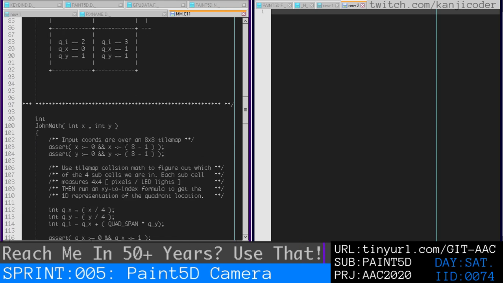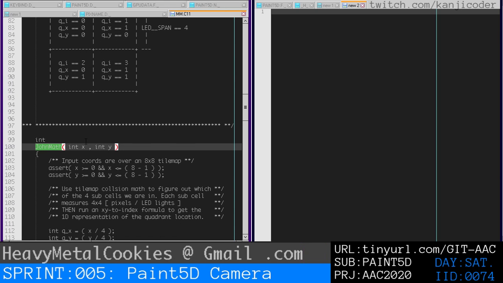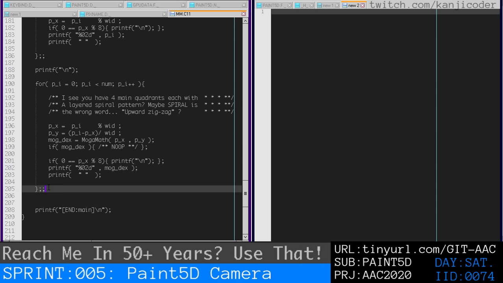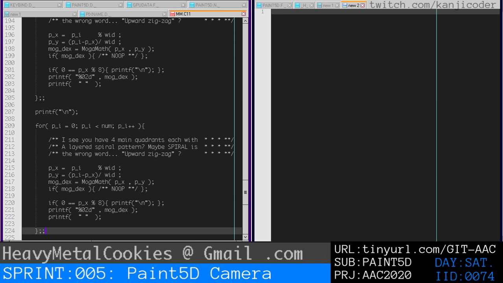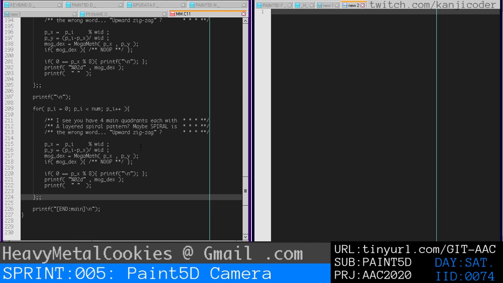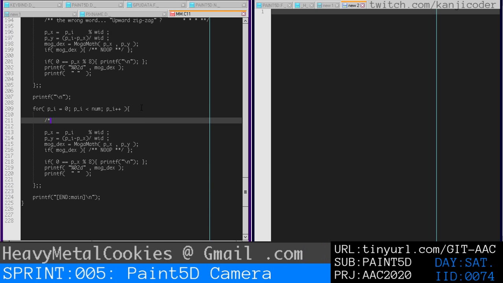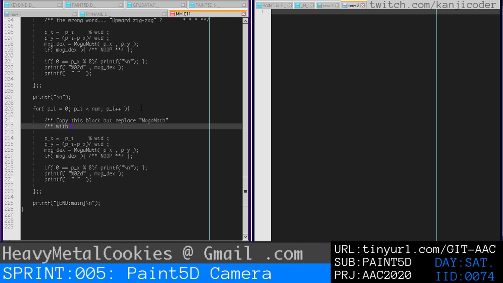Okay, so if we got all that math correct, then what we're going to see is that John Math is going to be the same as Moga Math. So we're going to take all this, copy it, and paste it, and just see, copy this block, but replace Moga Math with John Math, and see if we get the same thing.